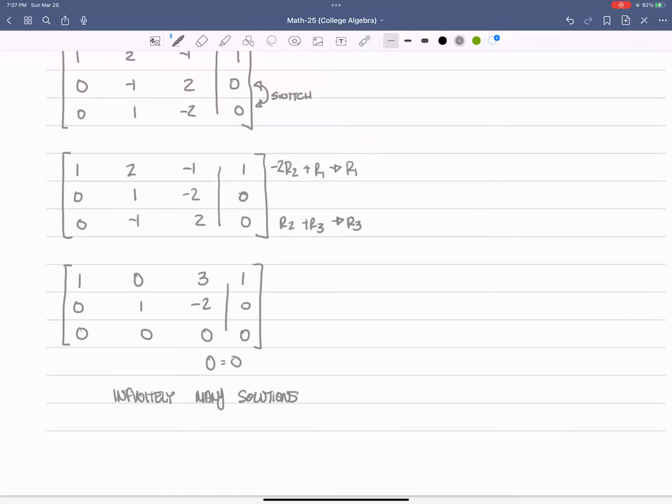So the first equation is x plus 3z equals 1. The next one is y minus 2z is equal to 0. Oh, that's not y, that's z. Makes way more sense this way.